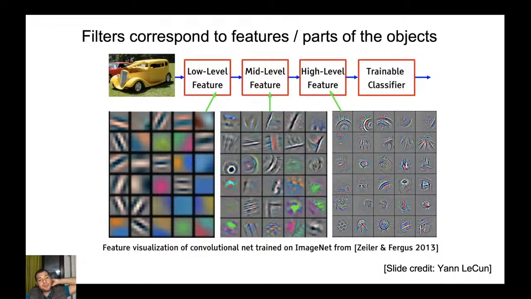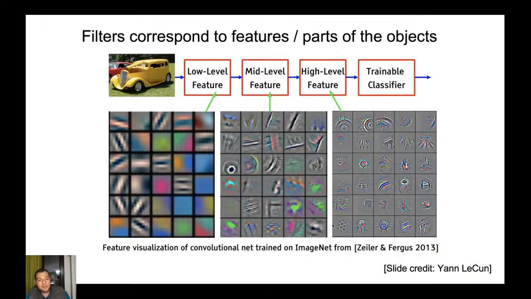Then for the mid-level features, we start to build more complex parts, like here we have some corners, some texture patterns, and so on, until at the high-level features we have object parts. So here we have the head of a bird, the wheel of a car, and, I don't know, maybe this looks like a window or something.